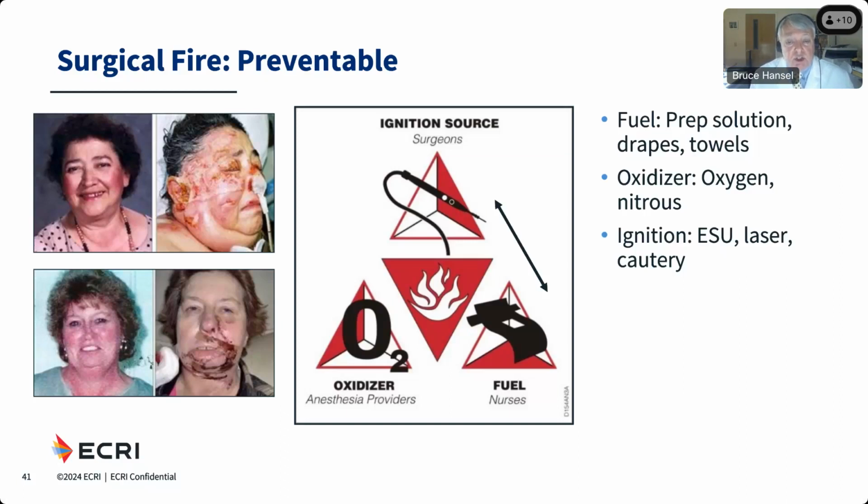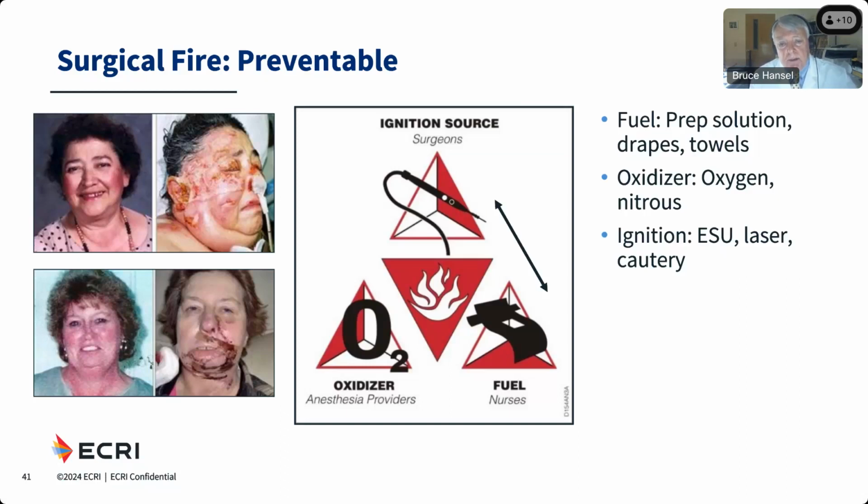And then the ignition. So in most surgical procedures, your ignition source is either going to be ESU, laser, or the term cautery, which would be like a hot wire pin that's used for cauterization. Another thing can be argon beam coagulation, which is still an electrosurgical mediated means of ignition.